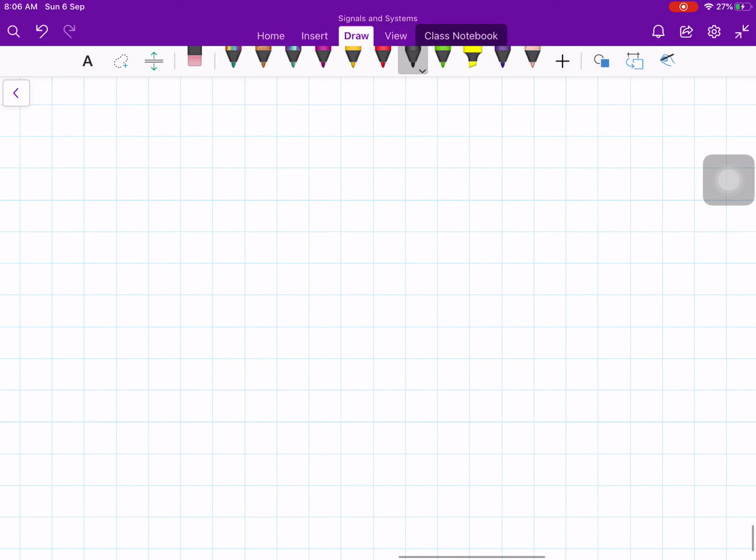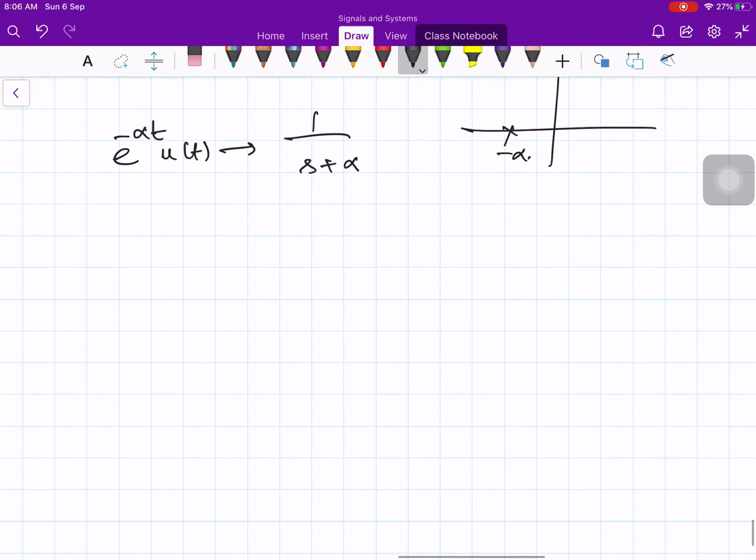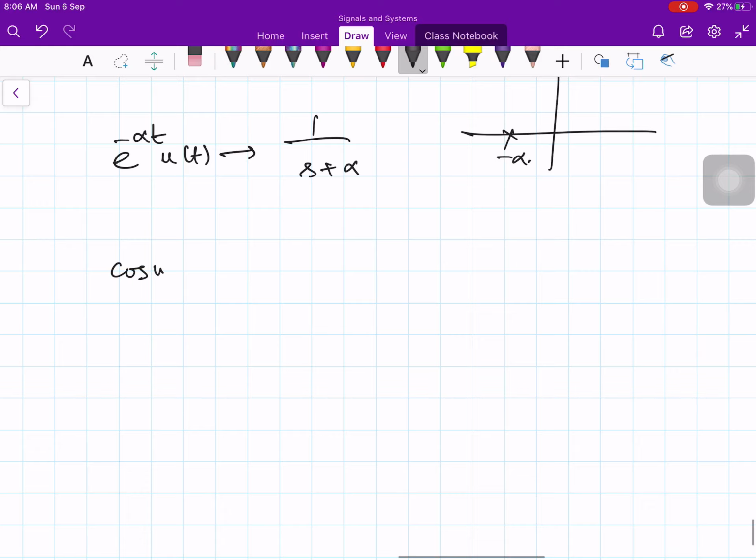Similarly, what is the cos omega naught? Cos omega naught times u of t, if you take Laplace transform, then it is 1 by 2, 1 divided by s minus j omega plus 1 by s plus j omega.